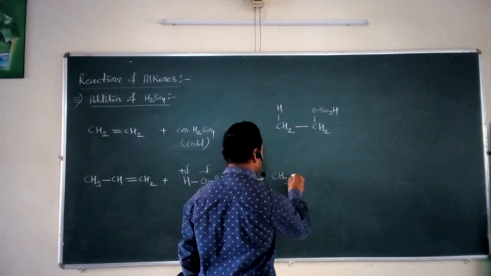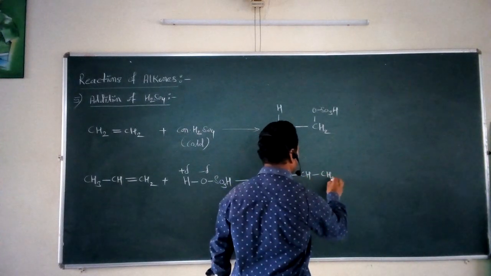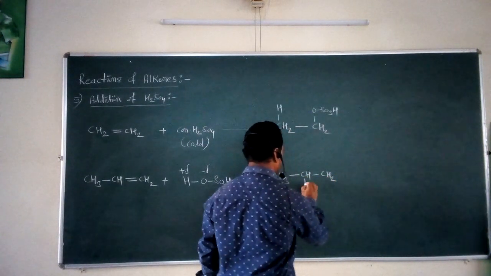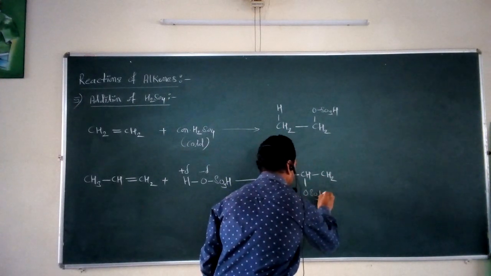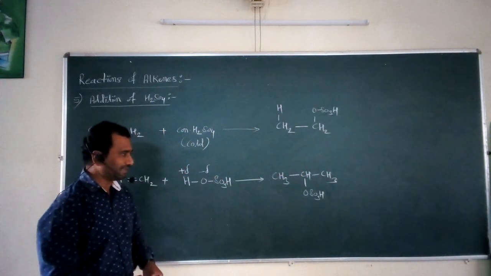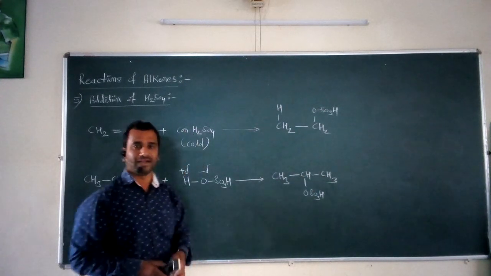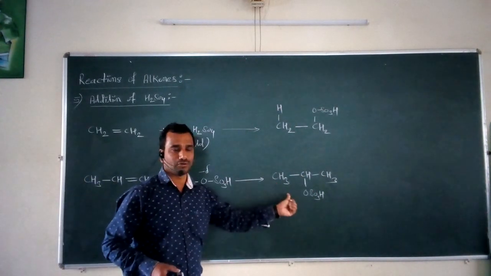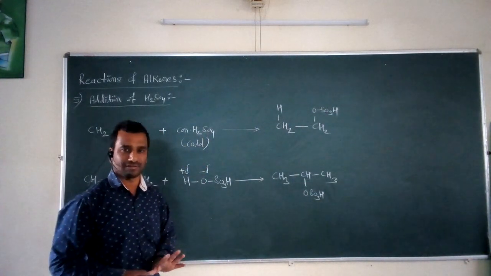It is CH3 single bond CH, OSO3H, single bond CH3. So this type of compound formation takes place, and the name of this compound is isopropyl hydrogen sulfate.